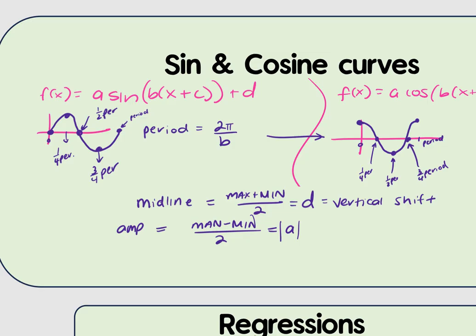We already talked about the period is 2 pi over B. And the frequency is the reciprocal of the period, or B over 2 pi. Amplitude is max minus min.